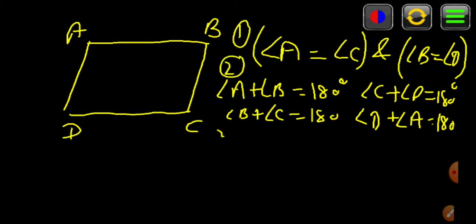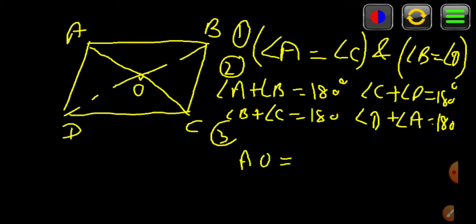Now what the third property says: the diagonals of a parallelogram bisect each other. Now these are the diagonals. The diagonals of a parallelogram bisect each other at the point of intersection. O is the point of intersection of the diagonals. So AO is equal to CO and BO is equal to DO.